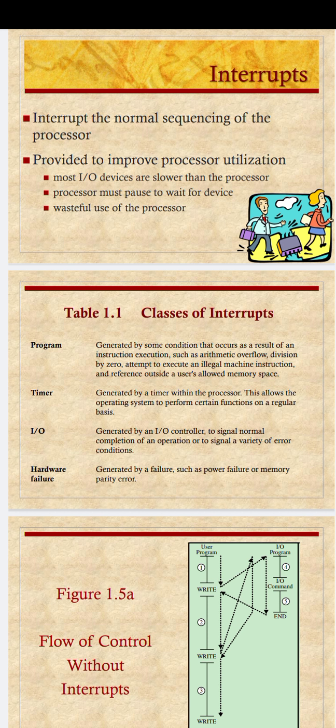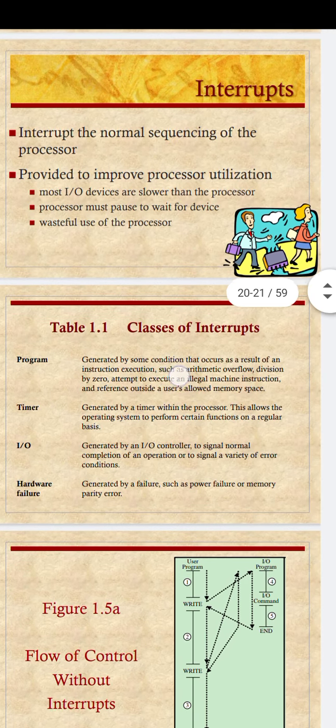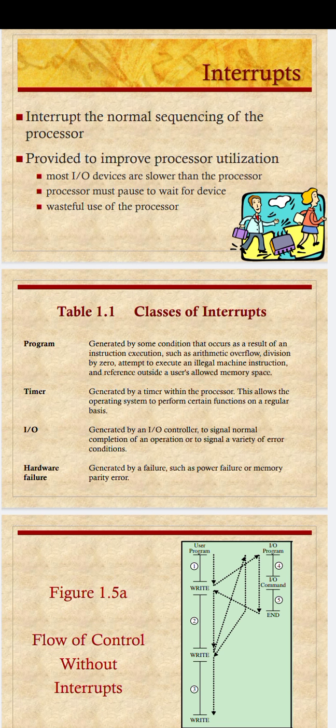So within that, we also have what we call classes of interrupt. So what are these classes of interrupt? We have the program interrupt, generated by some condition that occurs as a result of instruction execution, such as arithmetic overflow, division by zero, an attempt to execute an illegal machine instruction, and reference outside a user's allowed memory space.